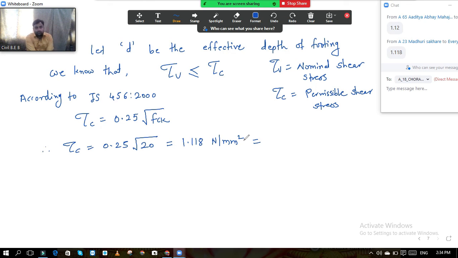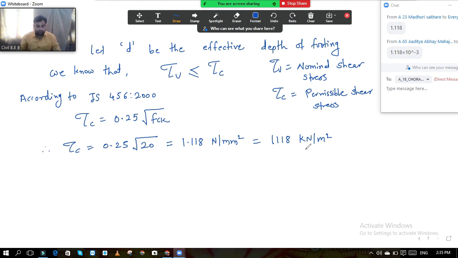Convert it fast. It is a simple thing. You have to convert just 1.118 Newton per mm square to kilonewton per meter square. So it is 1.118 into 10 raised to 3. Correct. So it is 1118 kilonewton per meter square.